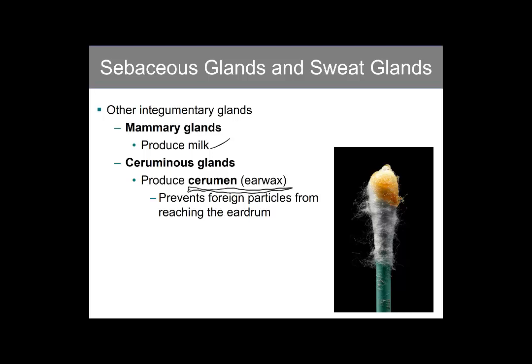The function of ear wax is to line the auditory canal with a sticky substance, so that if anything gets in the ear, it gets stuck in that earwax. And as new earwax is formed, here's your ear, as new earwax is formed, old wax is then pushed out. And if that old wax has debris that had entered into the ear canal, it's simply lost that way. So it's very much protective.